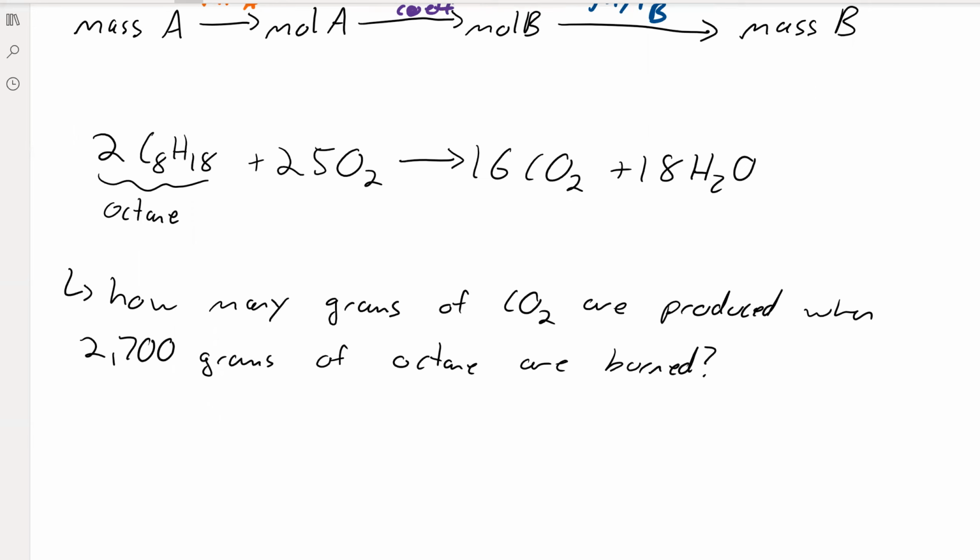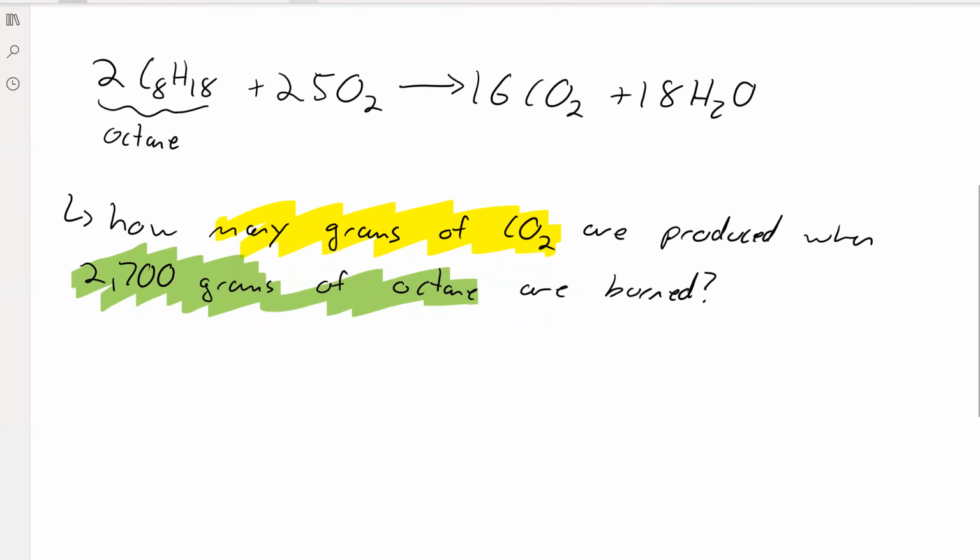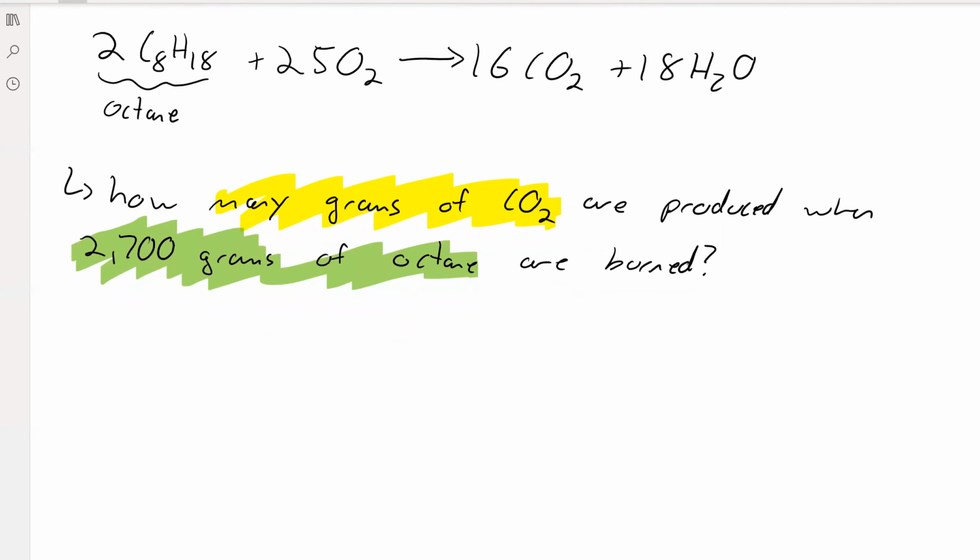So we can see that we start off with mass, and then what we want at the end is mass, the grams of carbon dioxide. If we think about what inputs we have, we have 2,700 grams of octane. So we're going to start off with that, 2,700 grams of octane.